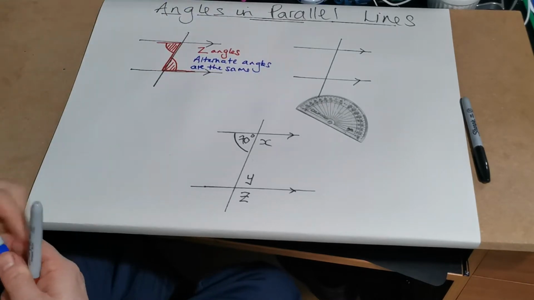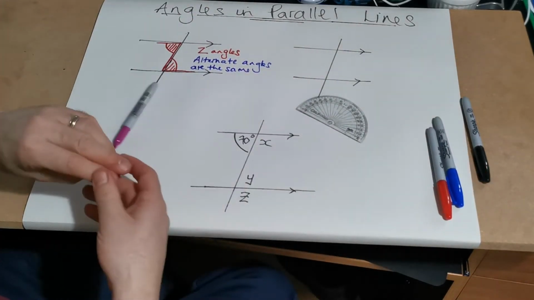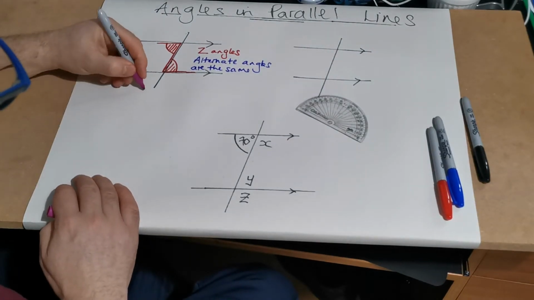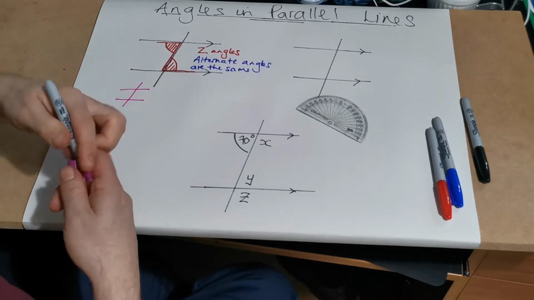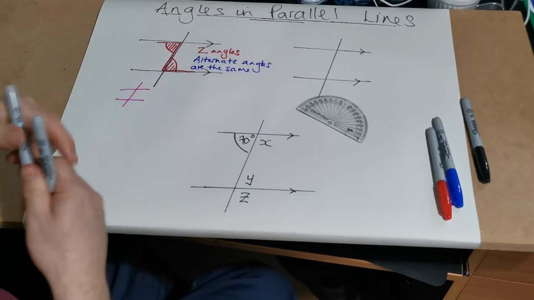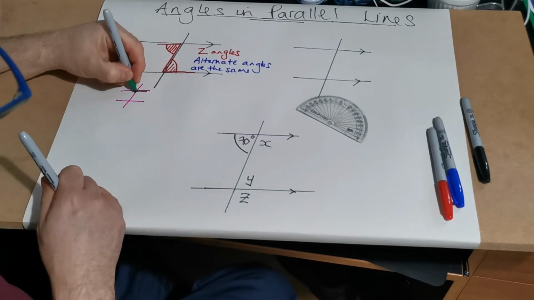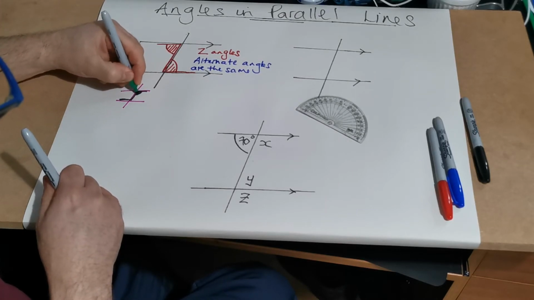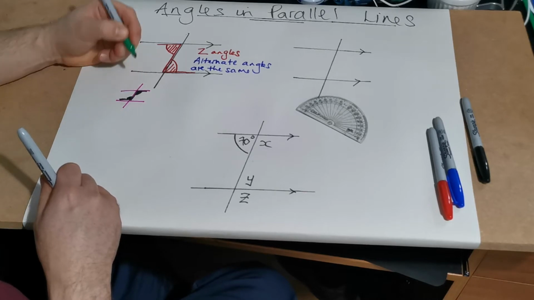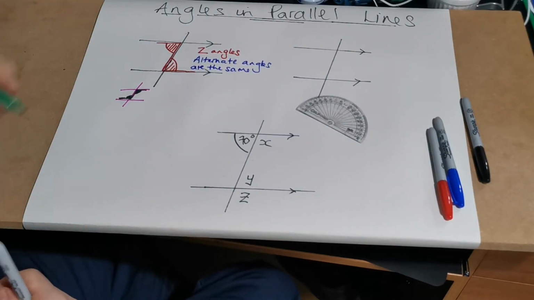Now had I drawn it slightly differently, and I'd have looked at some parallel lines and then I'd have thought about, if I was drawing it here, then those angles are on alternate sides of the line, so they're the same as each other too.